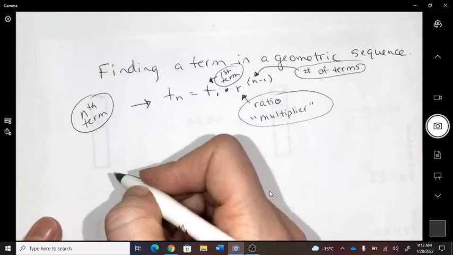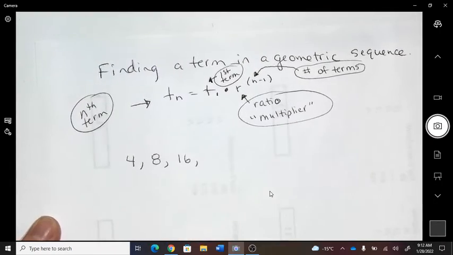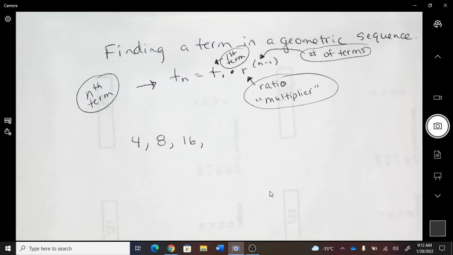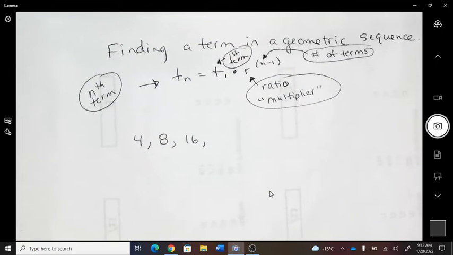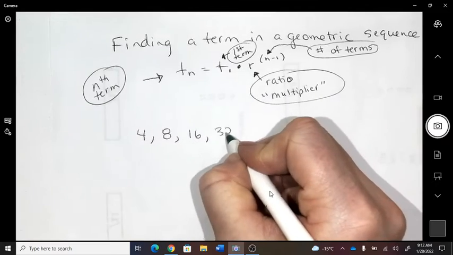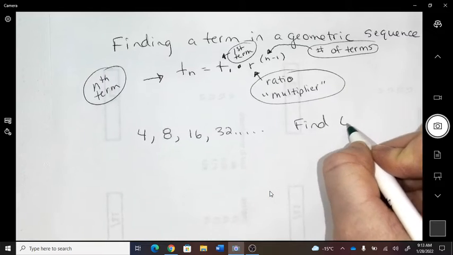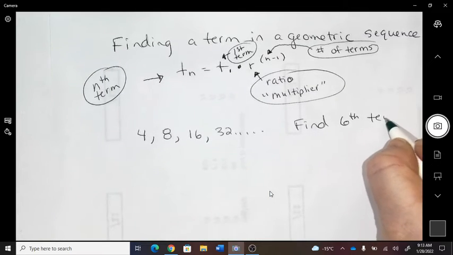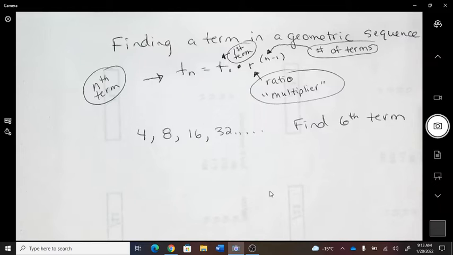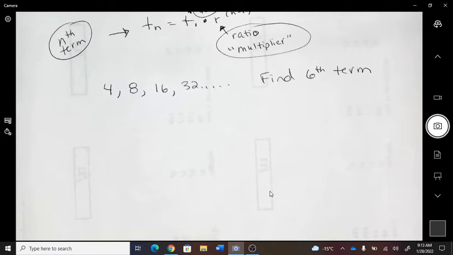Okay, so here's the first example: 4, 8, 16. What would be the next in that sequence? 4, 8, 16, 32. Find the 6th term. Okay, I'm going to give you an easy one here because can you do that in your head?